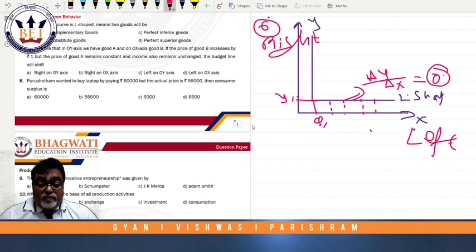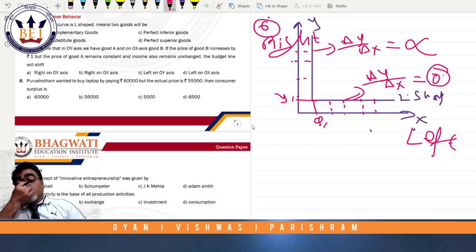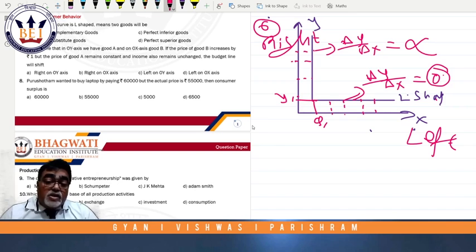On the contrary, if we keep the left shoe unchanged and increase the right shoe, of course here del y by del x is equal to infinite. Why do I explain it this way? So that any student can understand. When it is L-shaped, obviously the picture would be something like that, because it is non-normal: the horizontal part gives you slope 0, the vertical part gives you slope infinite.